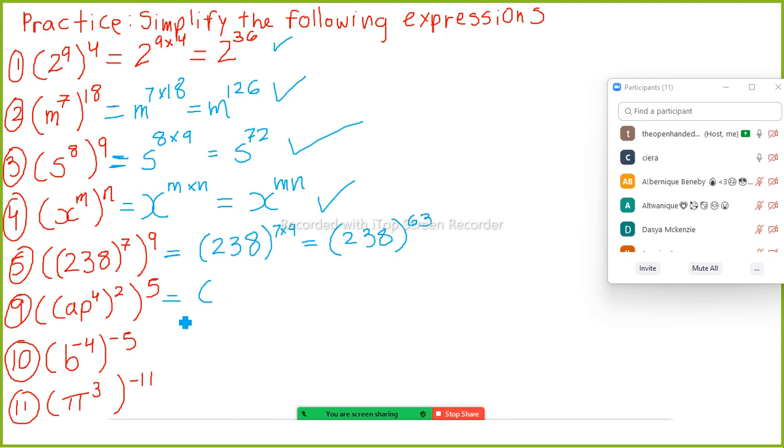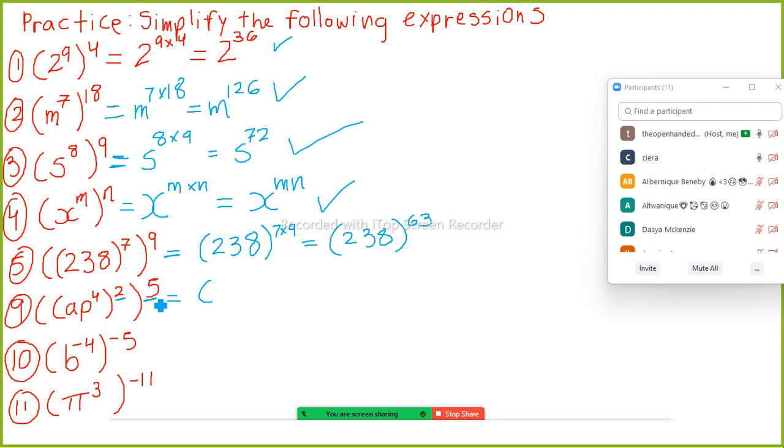Remember the rule. So what are our two exponents? 4 and 2. No. This 4 only applies to the P. This 4 does not apply to the A. 2, 5. Excellent. 2 and 5 are your exponents. So try again, Miss Sharia.